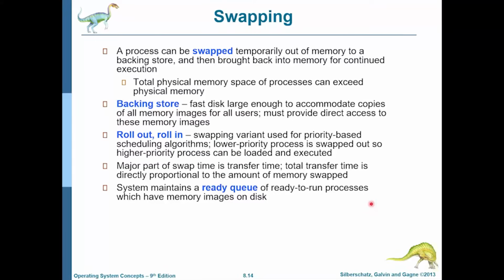A floppy drive is very, very slow. Speedier in comparison to a very slow thing like a floppy drive. Maybe your hard drive or your flash memory, your SSDs and things like that. It can have a backing store in those kinds of media. It can take the memory contents of a process and it can store it in the backing store. And it can also maintain a ready queue of all the processes in the backing store.